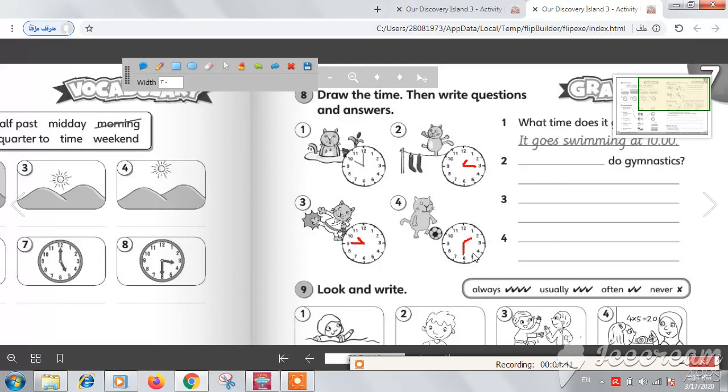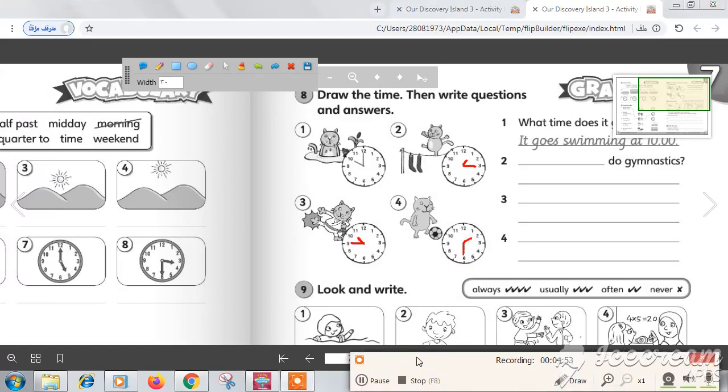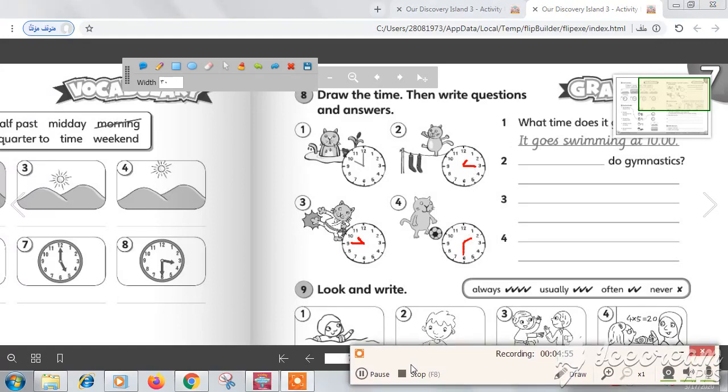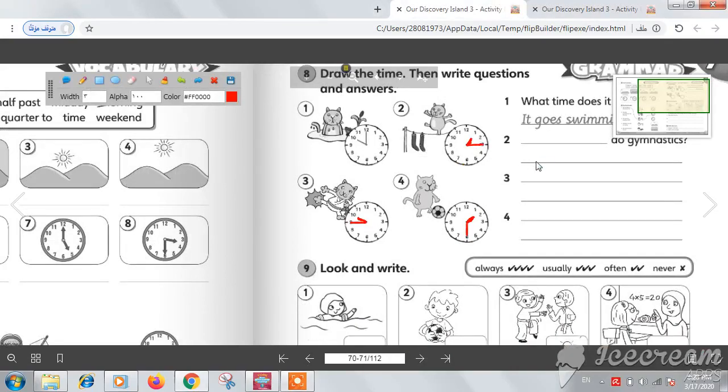I told you before, when the longer hand is pointed to 3, this is quarter past. So the answer should be, it does gymnastics at 1:15.